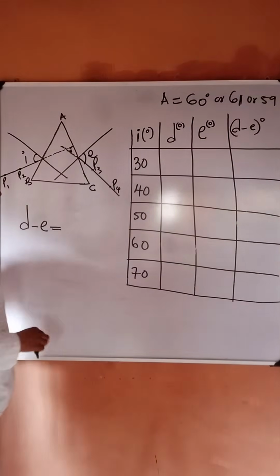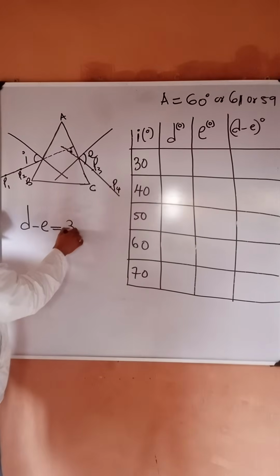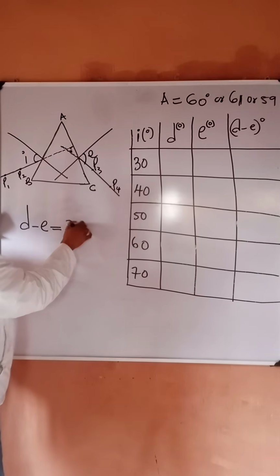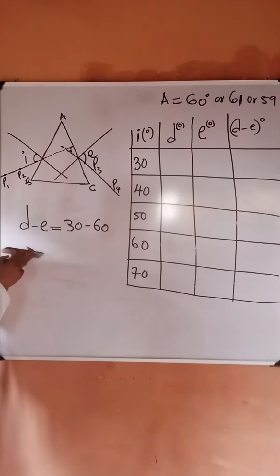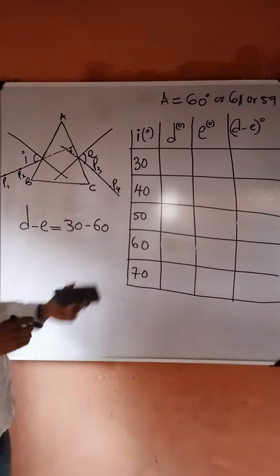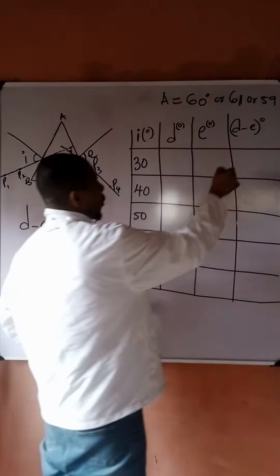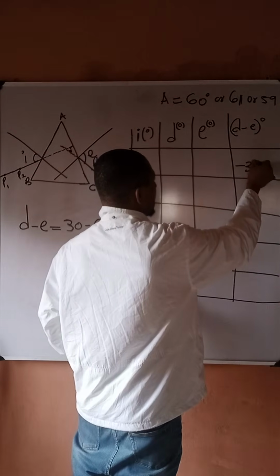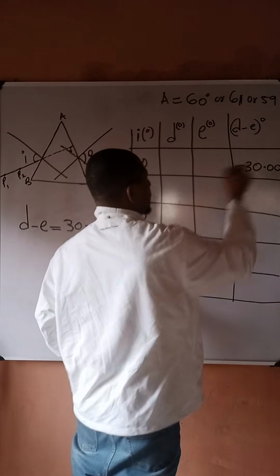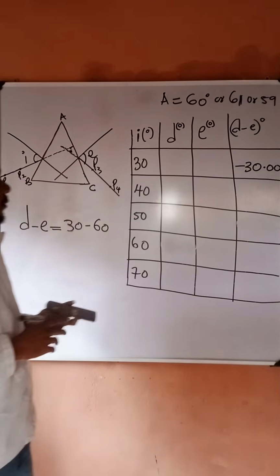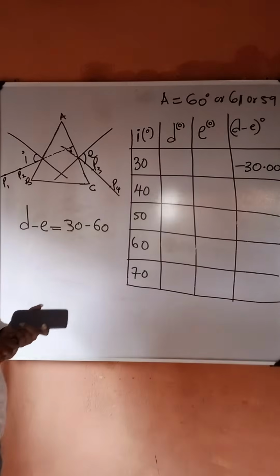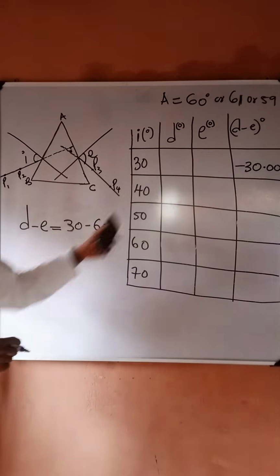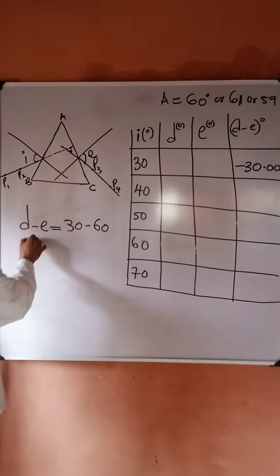This is D minus E. This will give me 30 minus 60. 30 minus 60 will give us what? What I will have here will be minus 30.00. So we go to the next one.